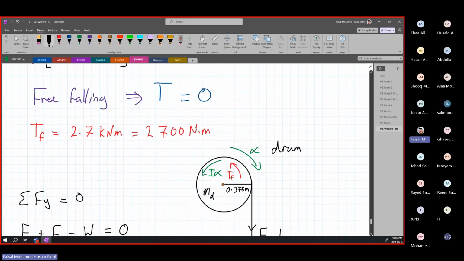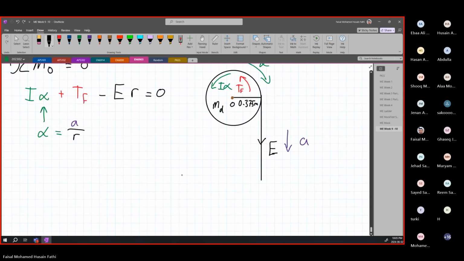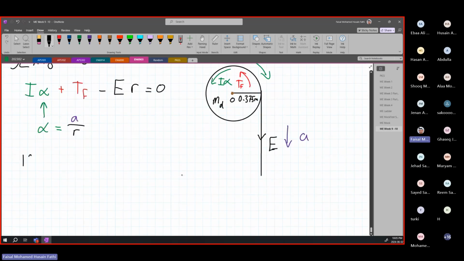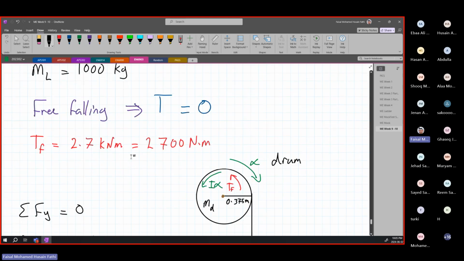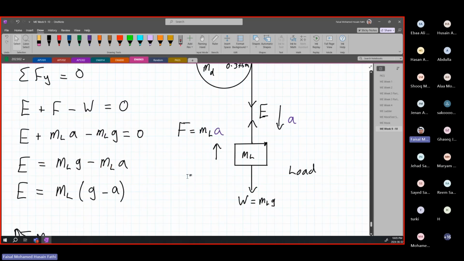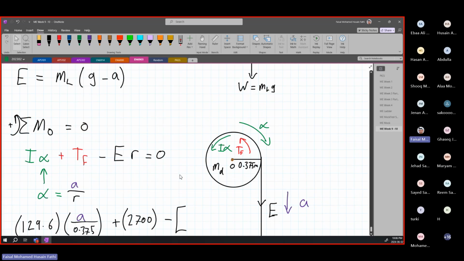So we found our I early on. Our I was 129.6. So 129.6 times alpha, which is A over the radius, which is 0.375, plus the frictional force, which was given to us as 2,700 Newton meters, minus E. What is E?